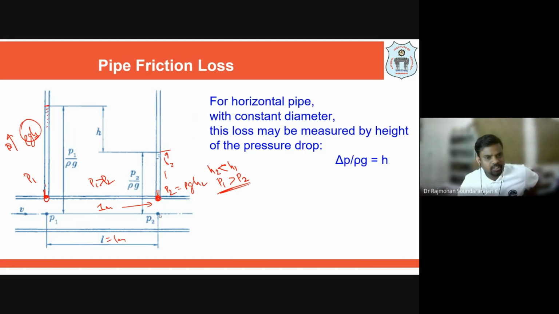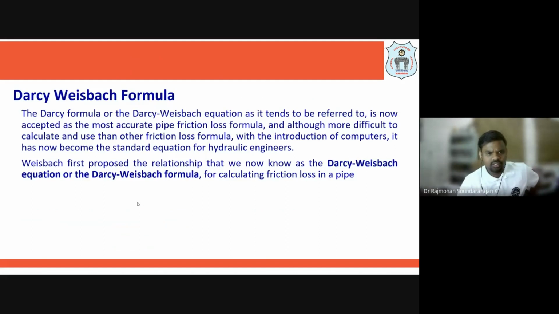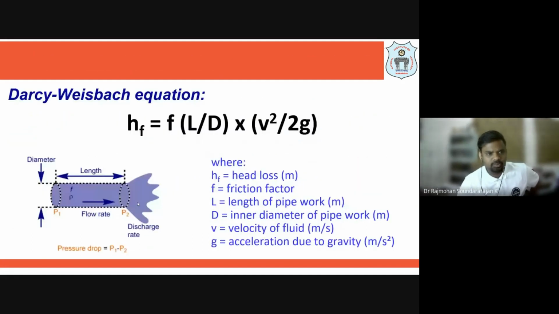So easily we can measure the delta P by connecting pressure measuring devices at the two locations. In the laboratory we use a manometer or piezometer, but in industry there will be pressure gauges. That's how we will be able to substitute in the Darcy-Weisbach equation to get the head loss due to friction.